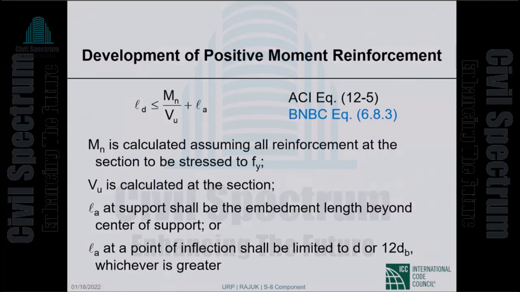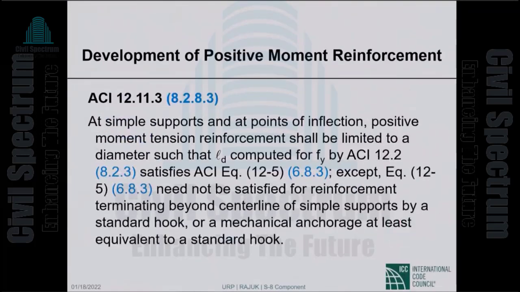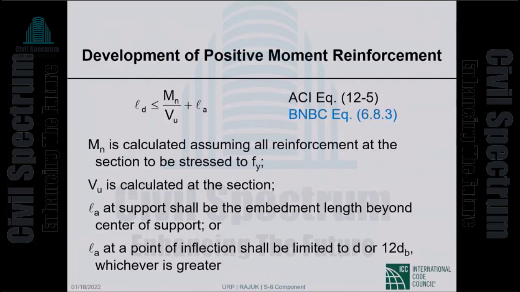L sub D, development length, shall not be any larger than M sub N. So we are talking about, remember, a simple support or a point of inflection. So everything is at that location, and I have pictures.